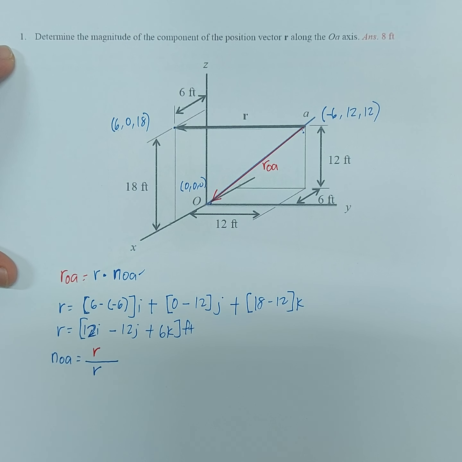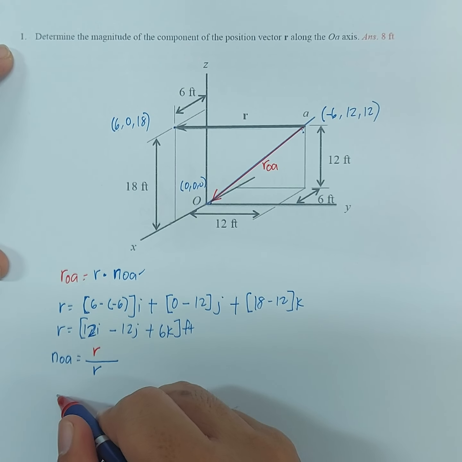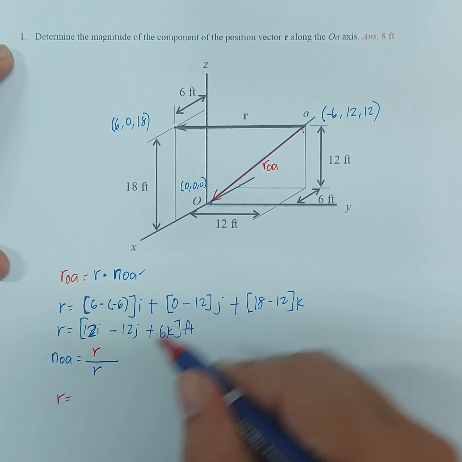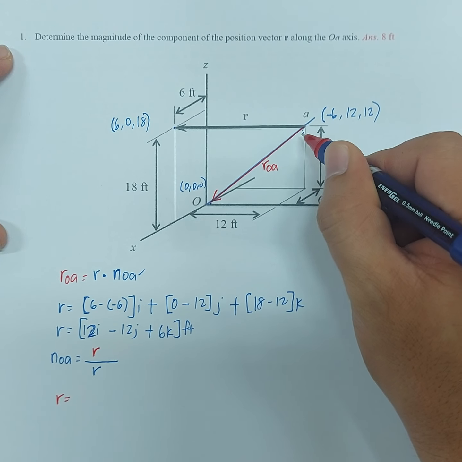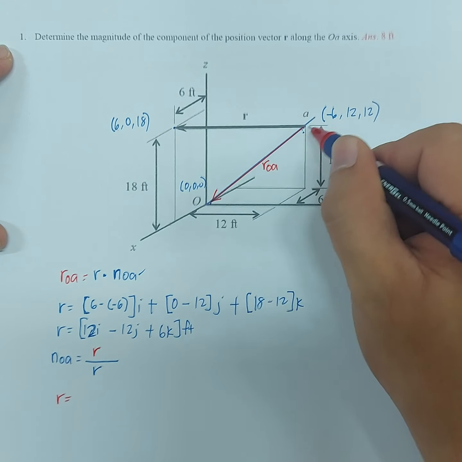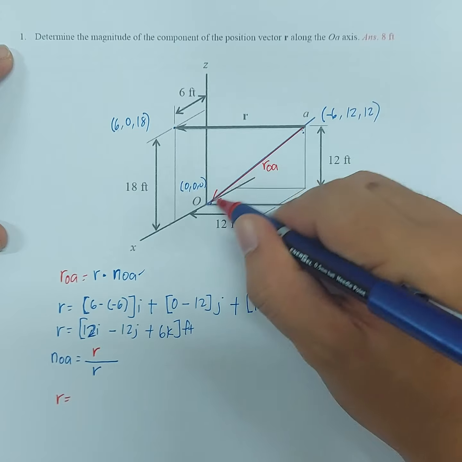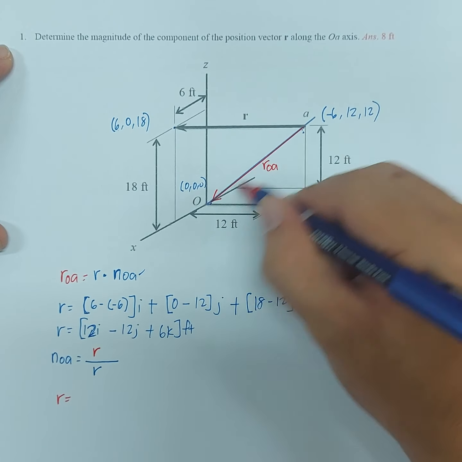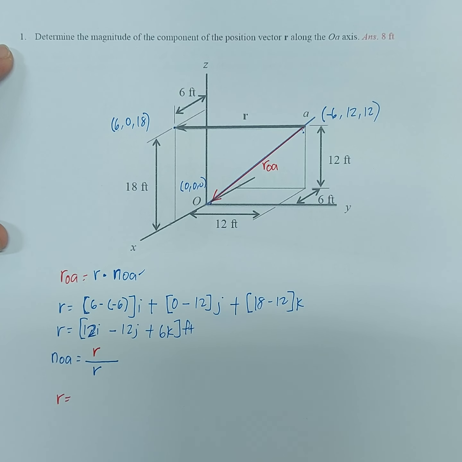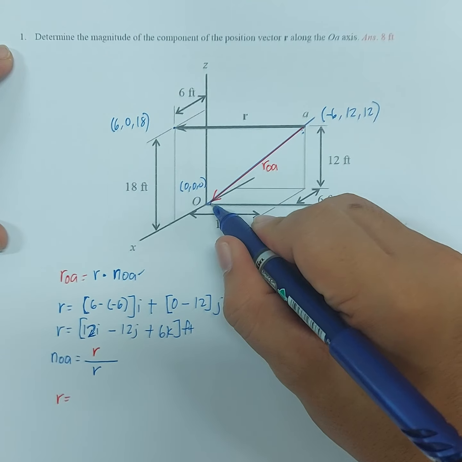Alright, I think we're good. So n_OA, then. Let's solve this R first. By the way, this R is the position vector of OA, our line, the axis. That is equivalent to, again, head minus tail.